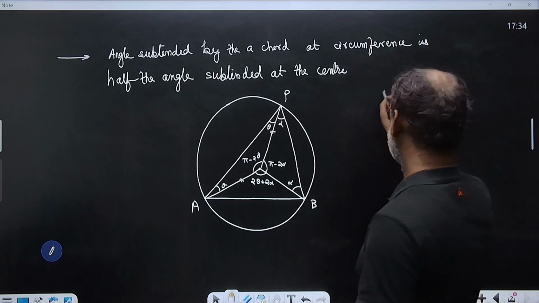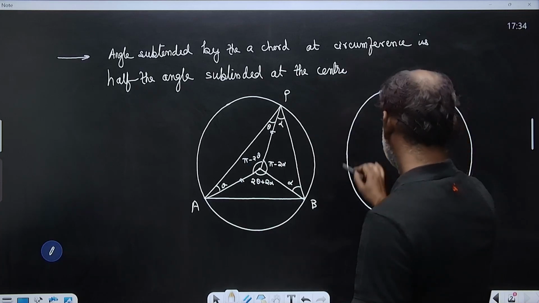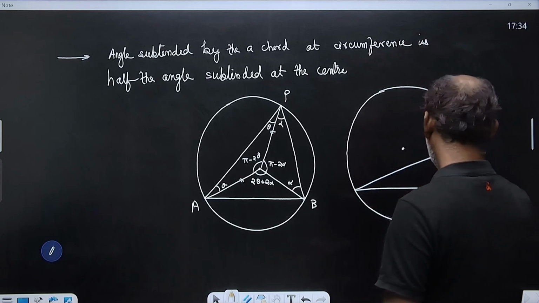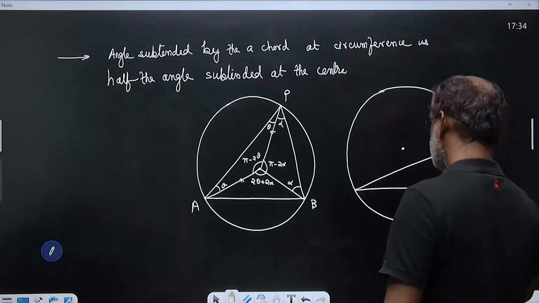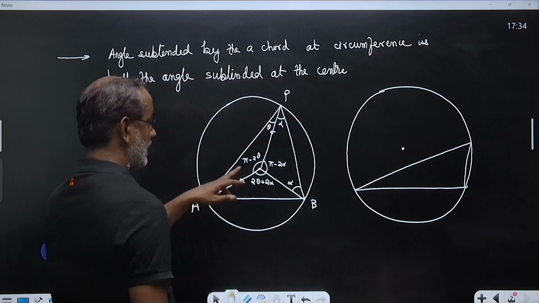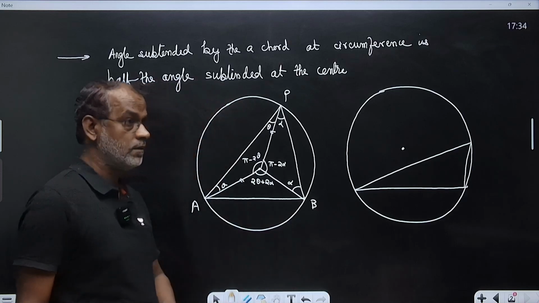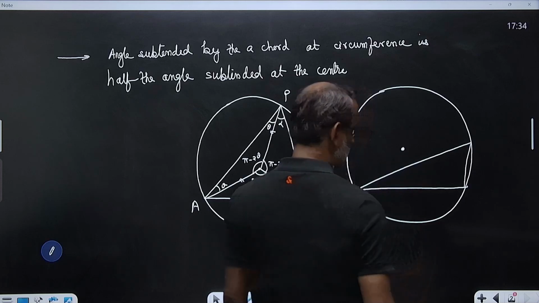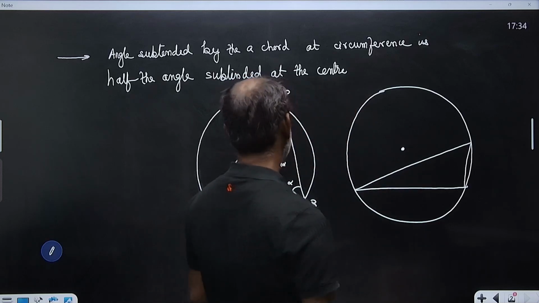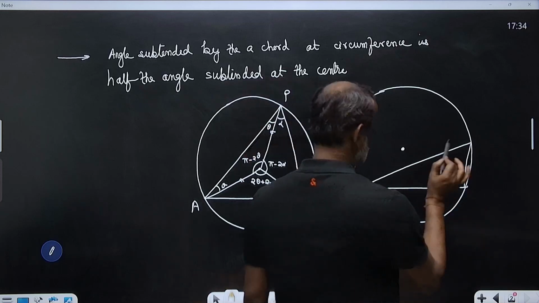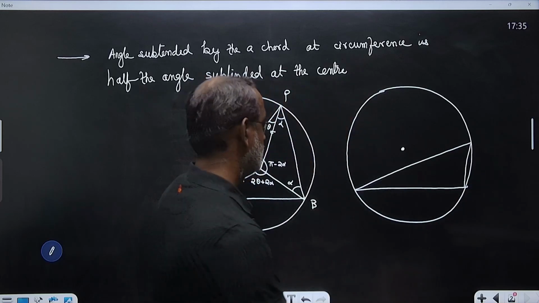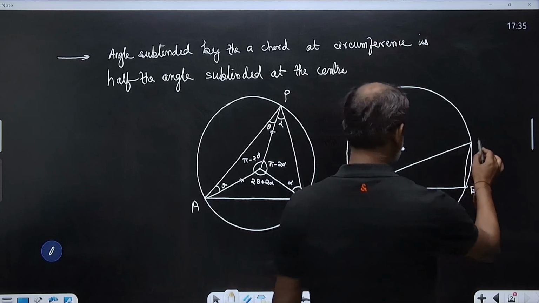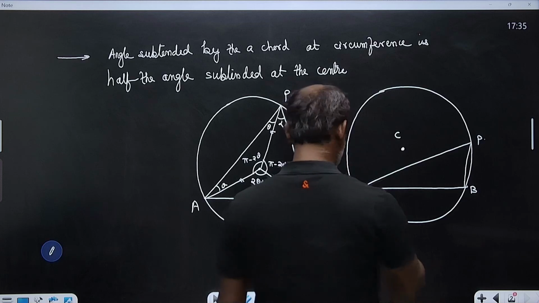Now you can say possibly that the diagram could have been like this. Let's suppose this is the center and you are dealing with this point, when the center lies outside the triangle PAB. Another possible figure could have been this. Here also we are saying the same thing. There will be no change, you will do the same thing.